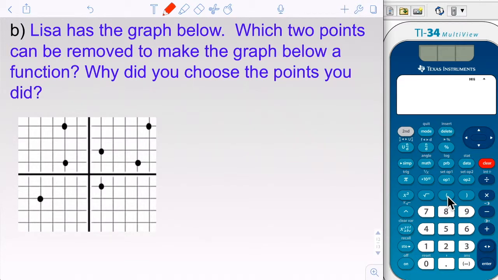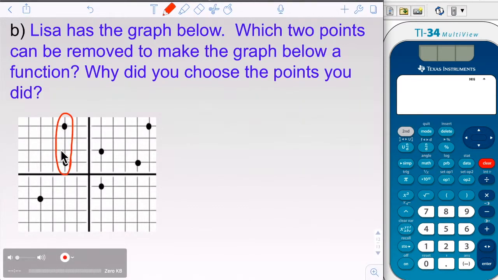All right, so this is not quite a straightforward answer. There's choices. So you had to pick one of those two because those two are vertical of each other. They would fail the vertical line test. So you had to pick either this one or that one of those two. You also had to pick one of those two because right now they fail the vertical line test.